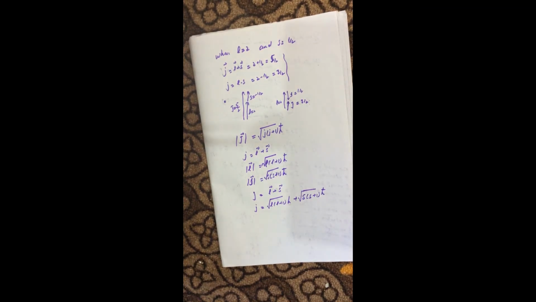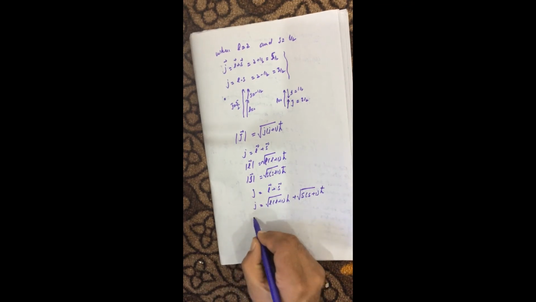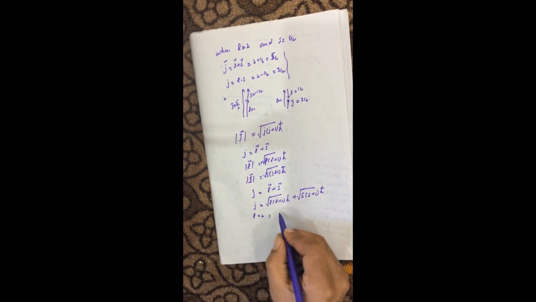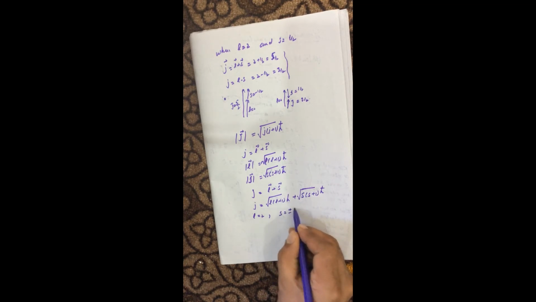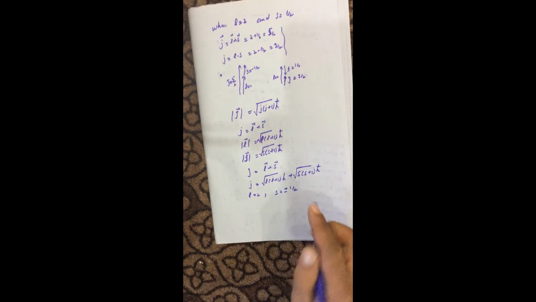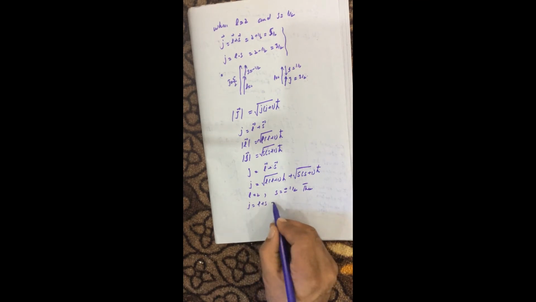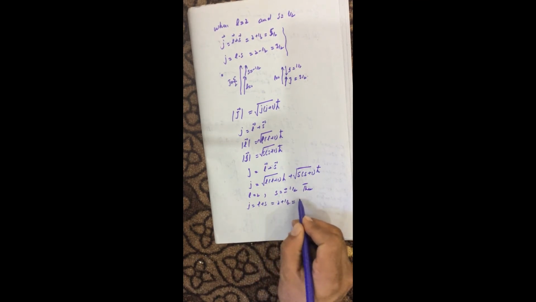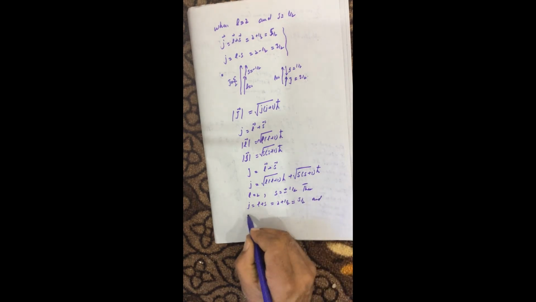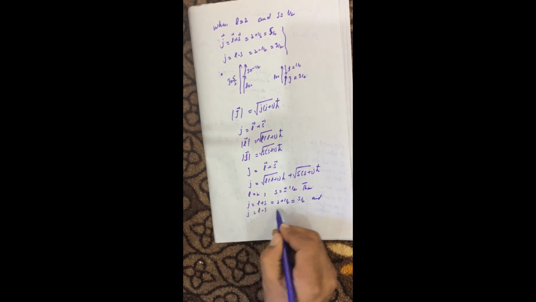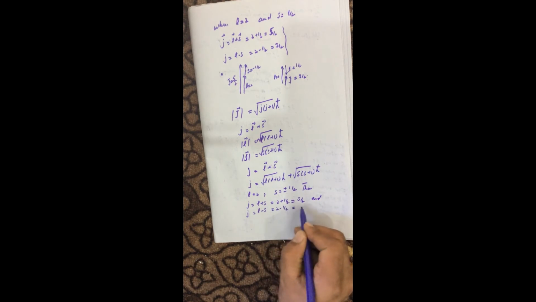Like we will calculate both the classical and wave mechanical value of angular momentum for L is equal to 2 and S is equal to plus minus 1/2. Then classically J is equal to L plus S, which is 2 plus 1/2, equal to 5/2, and J is equal to L minus S, which is 2 minus 1/2, which is 3/2.